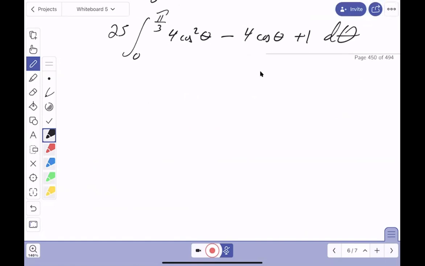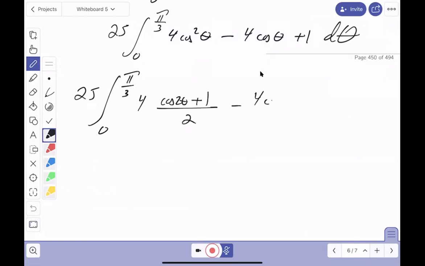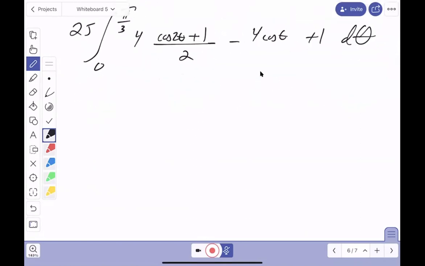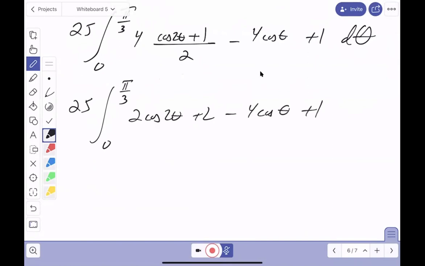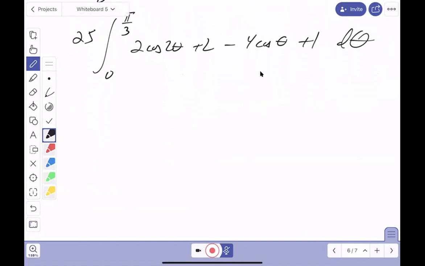I know it's annoying, by the way, but I have to do it. You get 25, 0 to pi over 3, 4 times cosine squared, which is cosine 2 theta plus 1 over 2, minus 4 cosine theta plus 1 d theta. 2 goes into 4 2 times, so you get 2 cosine 2 theta plus 2 minus 4 cosine theta plus 1 d theta.